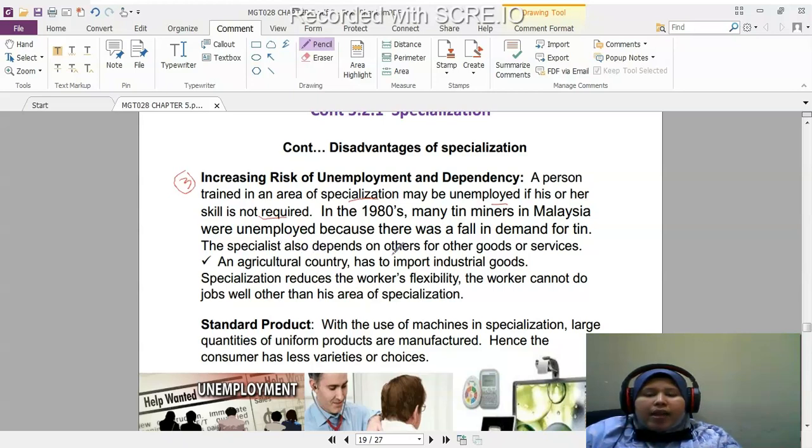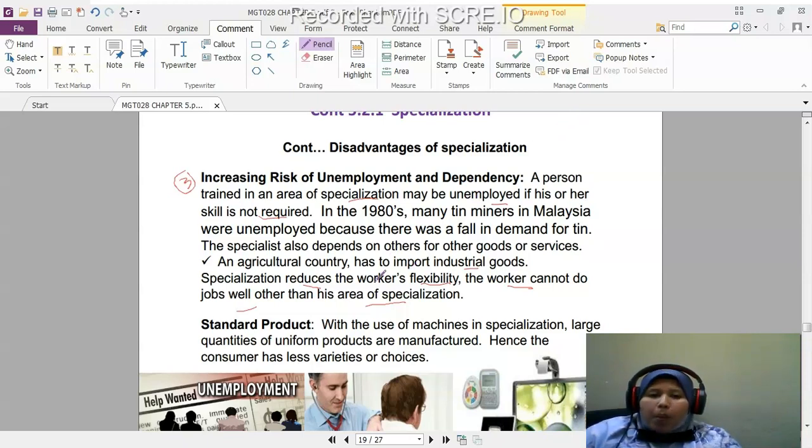The specialist also depends on other products or services. Okay? An agriculture country has to import industrial goods. Specialization reduces the work flexibility, workers cannot do jobs well other than his area of specialization. Okay, kalau terlalu satu je perkara yang boleh buat, kerja lain tak boleh buat.